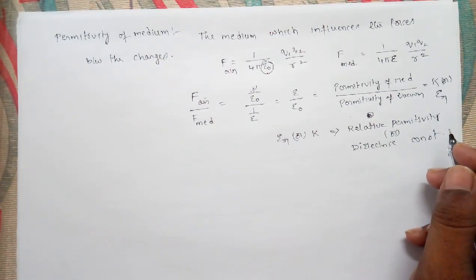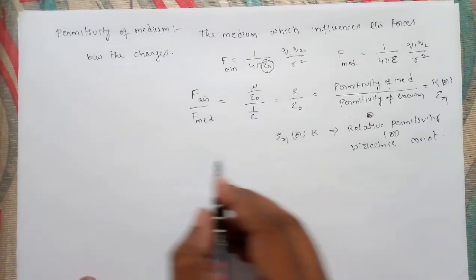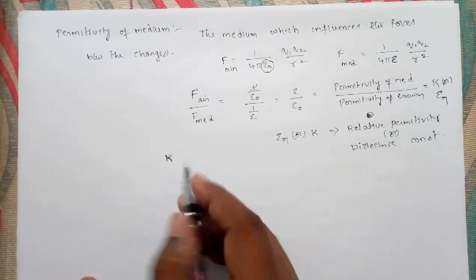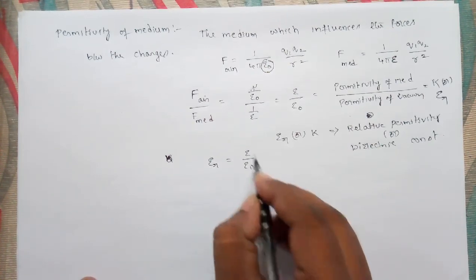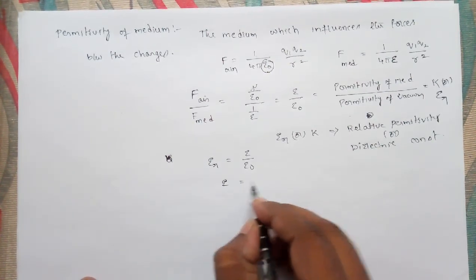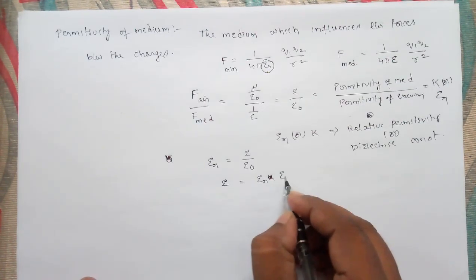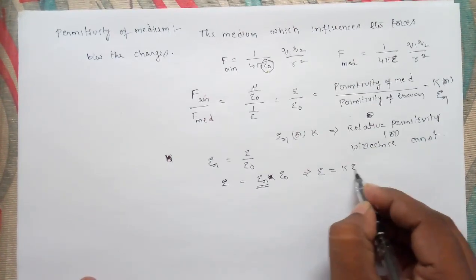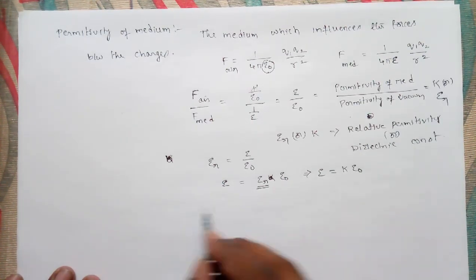Then if you understand that the dielectric constants for different mediums are different, so the k value, or epsilon r, you can write as epsilon by epsilon naught. Then epsilon equals epsilon r times epsilon naught, that is k epsilon naught, where k is the dielectric constant.